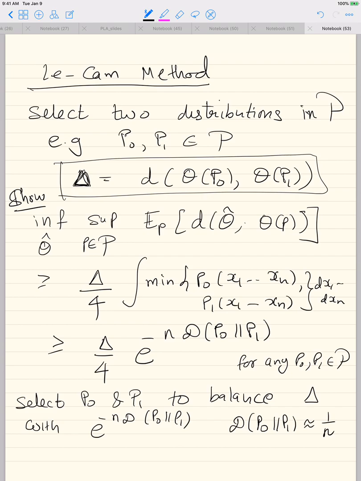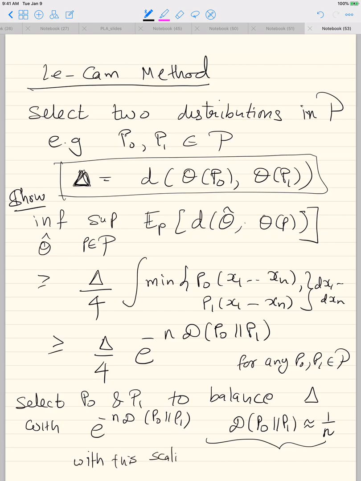So we select P0 and P1 such that the relative entropy between them scales like 1 over n. So they are close to each other. As n increases, they can be made closer and closer at a rate that basically scales as 1 over the number of samples. Because of this, we will not see a big decrease in the exponent here. This will be like a constant.